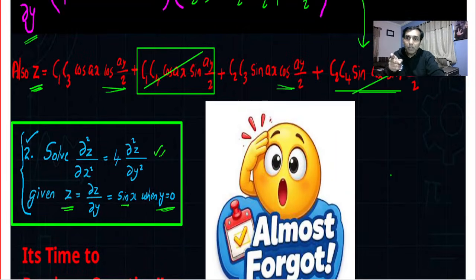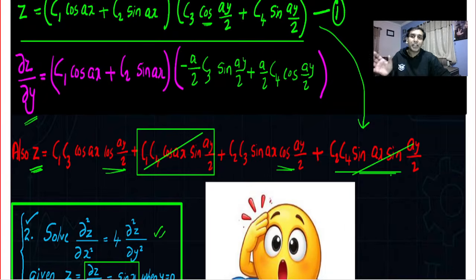Wait, we have one more condition. Can you see? According to the given condition, the partial derivative will become sin x when y equal to 0. And that is exactly why I found the partial derivative. So now look at this. In partial derivative, I am going to plug in y equal to 0. So this will vanish and this will become 1.